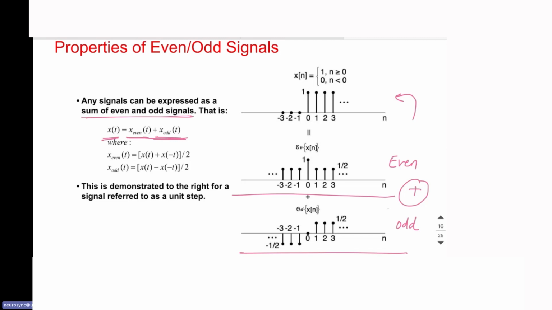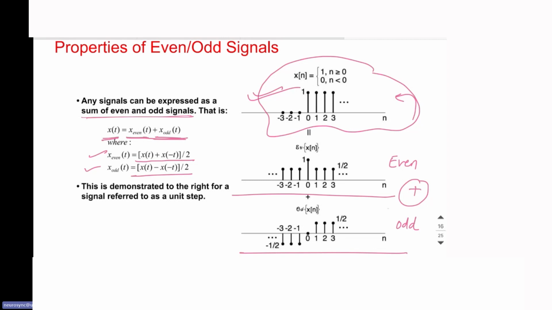Now, if I have a signal like this, how do we express this signal in the even and odd form? So there are these terms. If you apply this formula, you will get the even signal. How can we get the even signal?